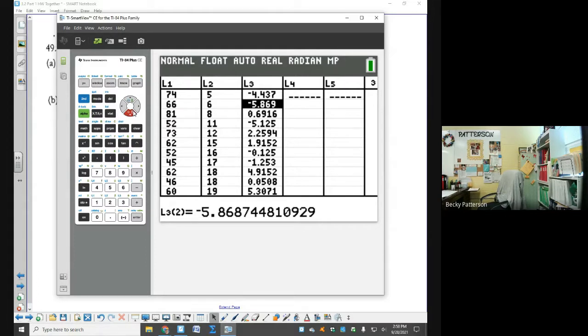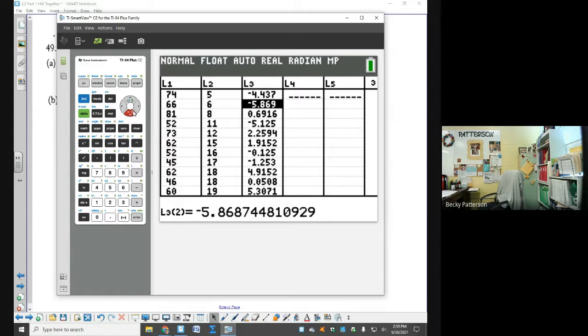When 66% of the birds return, there are 5.869 fewer new birds than predicted.